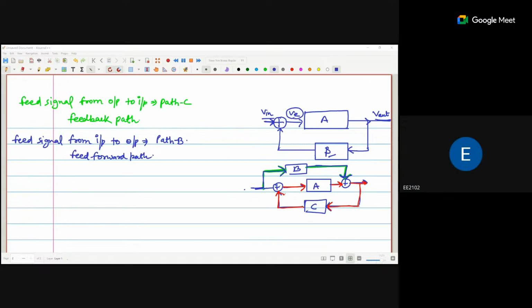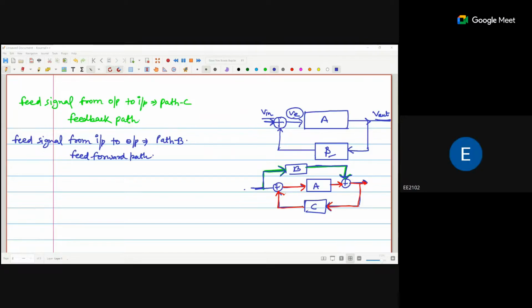So if I take a practical example of feed forward, I think you are aware of the UPS or inverter at your home.